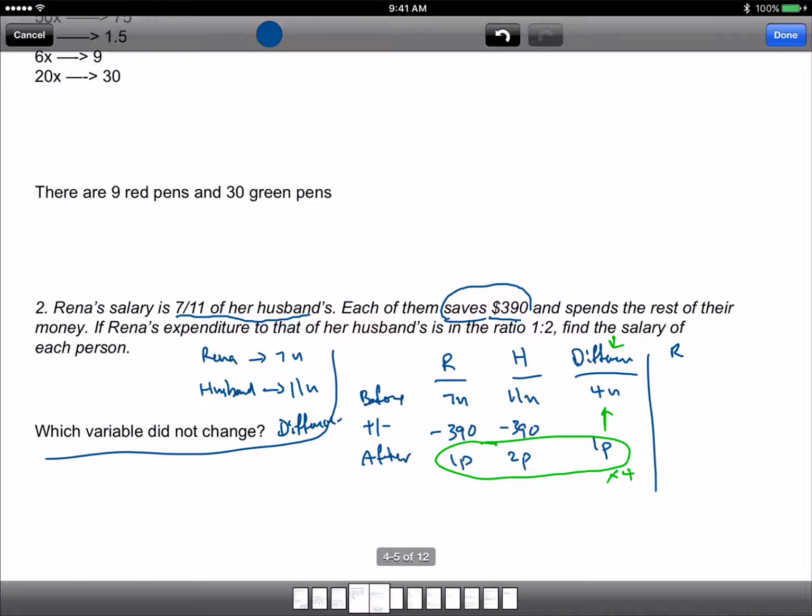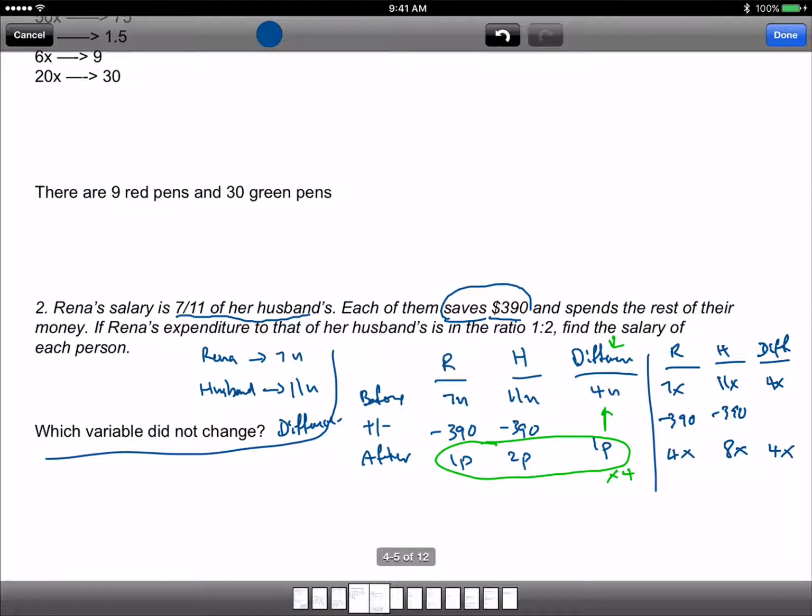Okay, right, so let's recalculate. So Rena, husband, and difference. Now the first row remains the same at 4, 11, and 7. Still take away 390, take away 390, but eventually this is 4, this is 8, and this is 4 as well.